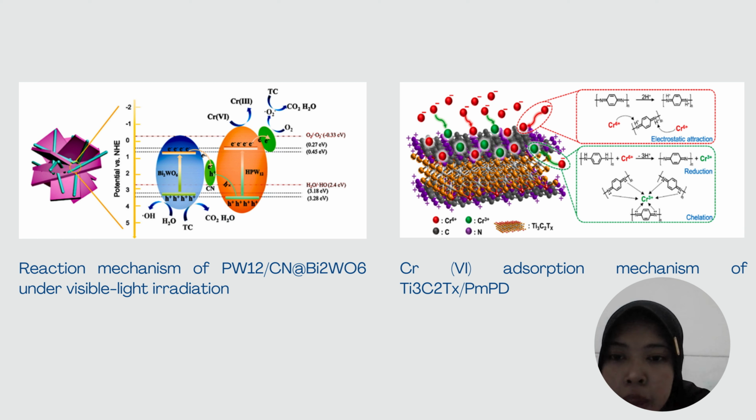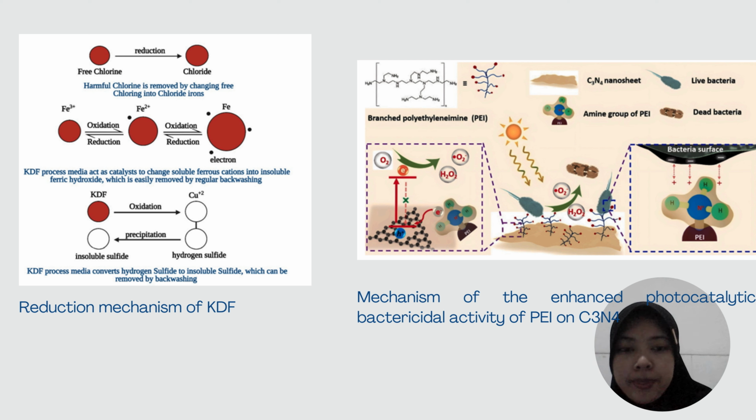The picture explains about reaction mechanism under visible light irradiation and chromium 6 absorption. This picture explains about reduction mechanism of KDF. Kinetic degradation fluxion is a hybrid material used in water purification. Conventional water treatment facilities often employ multi-layer filters to clean water, reduce turbidity, eliminate plankton, and remove odor.